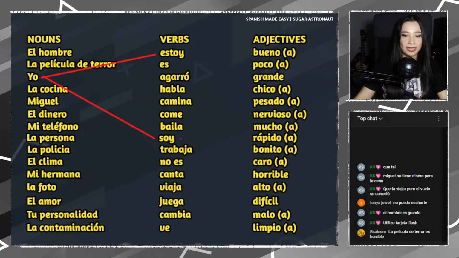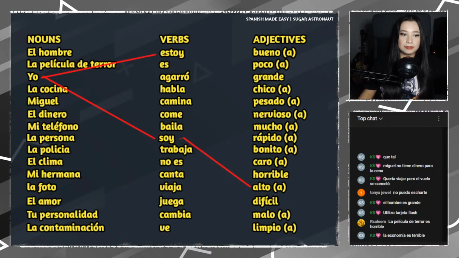Yo soy, what can it be, guys? Yo soy alto. I am tall. Okay? Obviously, if you're a girl or a female, yo soy alta. If you are a male or masculine, yo soy alto. Okay? Yo soy alto, I'm tall.